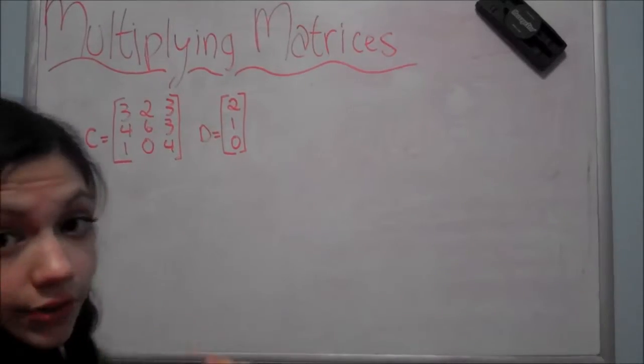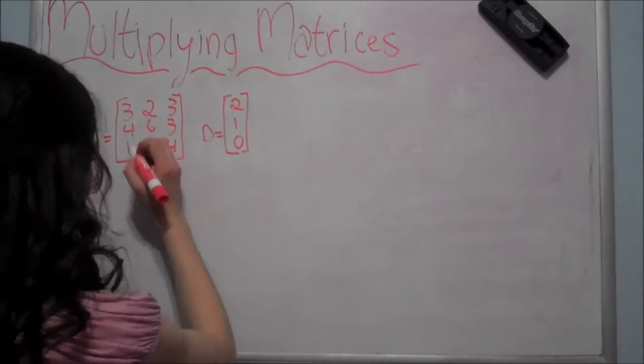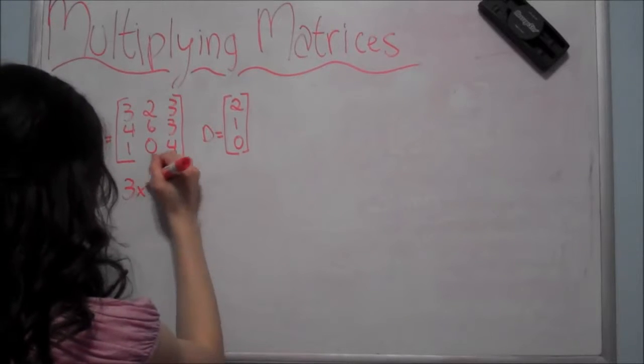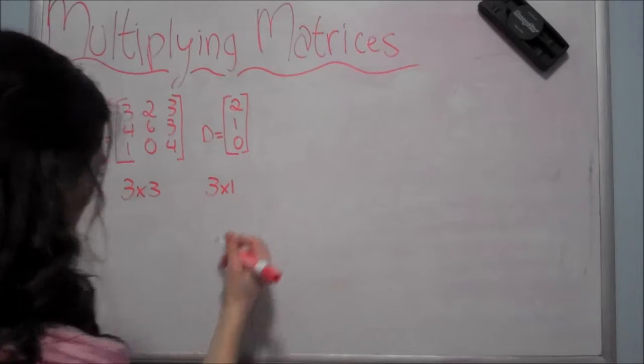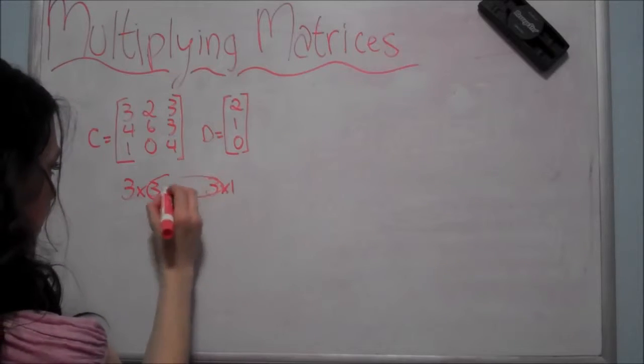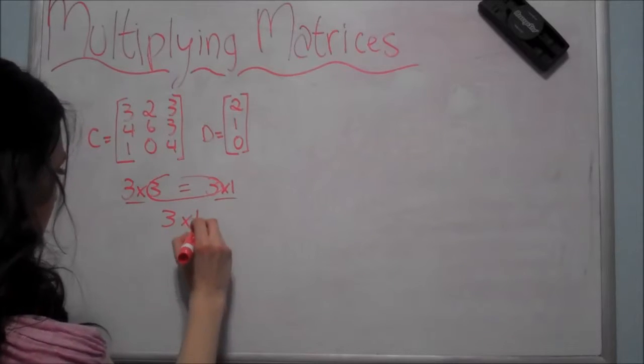Alright, so first step is to see if it's possible. So this is a 3 by 3, and this is a 3 by 1. So these two are equal, so we know the answer is going to be a 3 by 1 matrix.